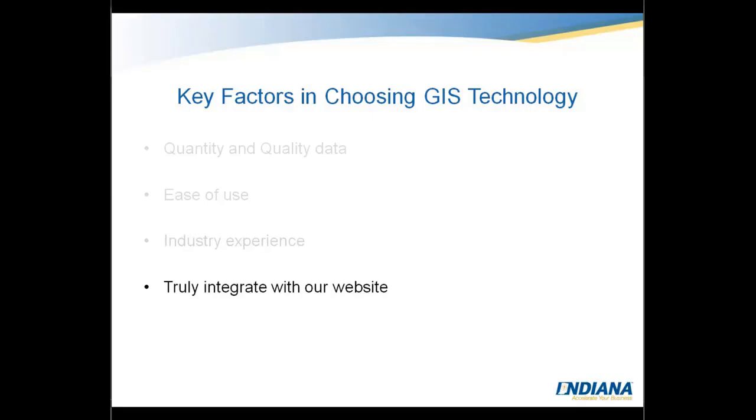So next, truly integrate with our website. Indiana already had a powerful website in place, and actually we're going through a process currently of revamping our website, and we wanted a really sharp property interface tool in that as well.